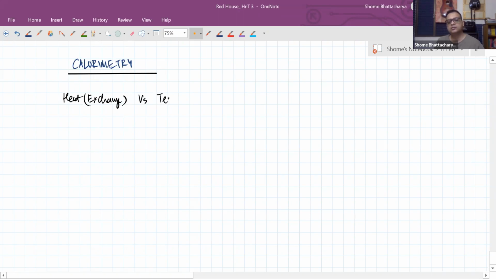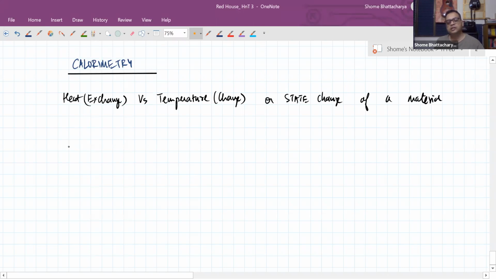Okay. So this is heat exchange versus temperature change, okay, or state change of a material.